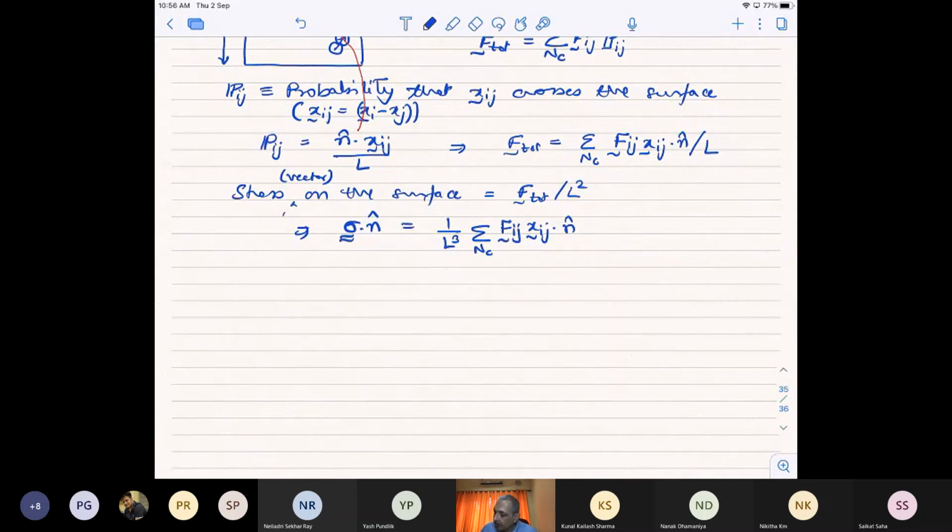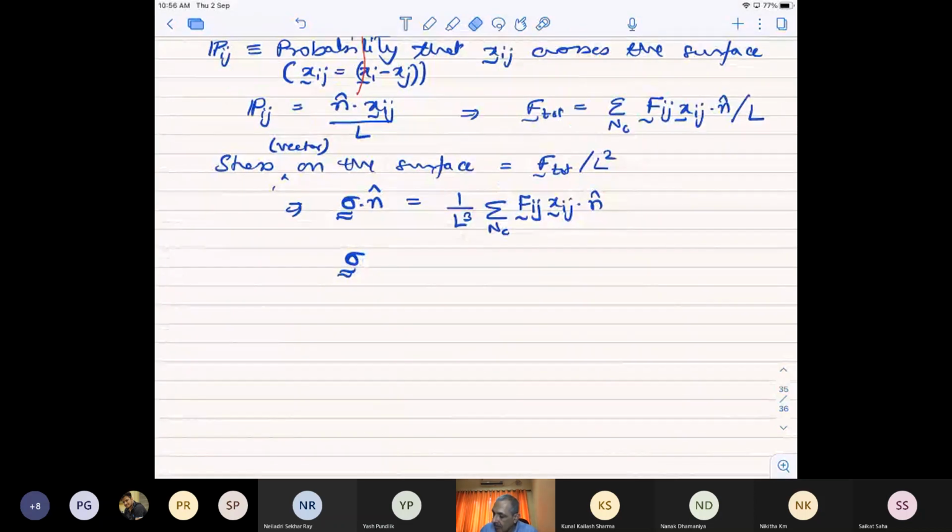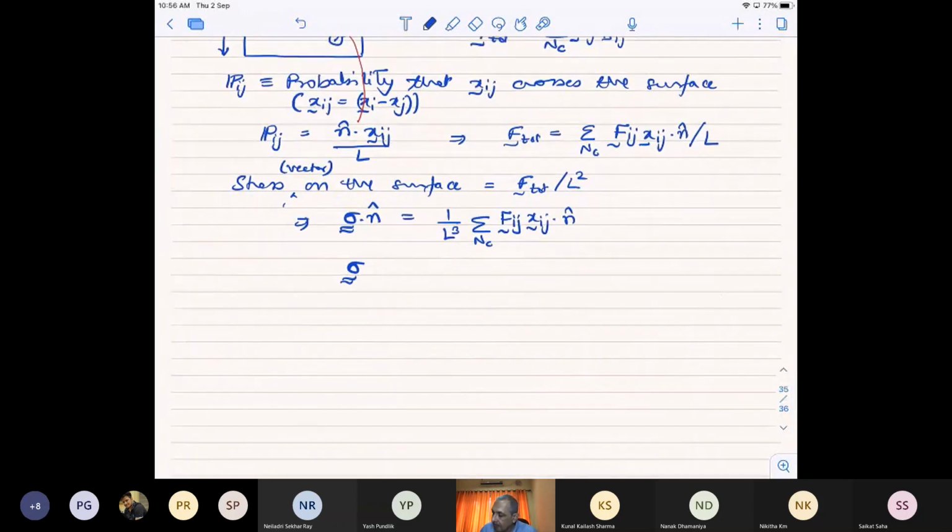And so if I remove the normal vector, then you get the general expression that is used: the stress tensor is nothing but, if we look at any volume, just the sum of all the forces Fij times the distance between the centers of the force, like this.